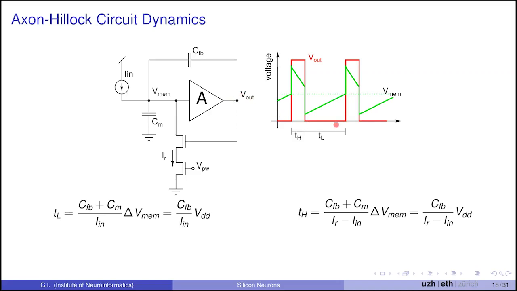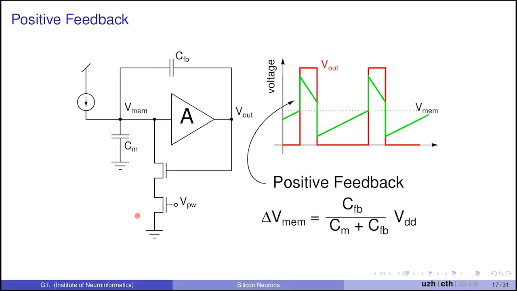So if you think about it, the period in which the amplifier is low is inversely proportional to the input current. It depends on the total capacitance that the input current sees, which is the sum of the two capacitors, divided by the input current times this delta Vmem. And the delta Vmem we know from the capacitor divider ratio from here.